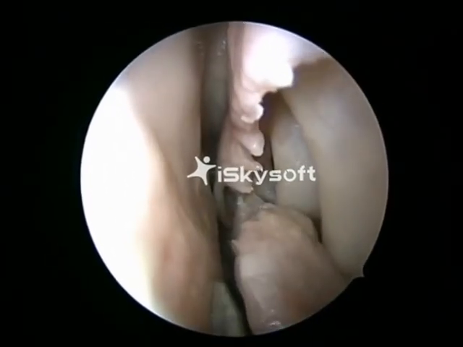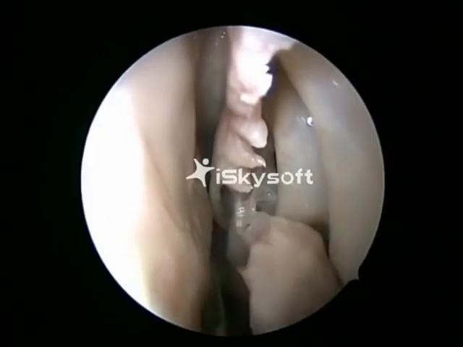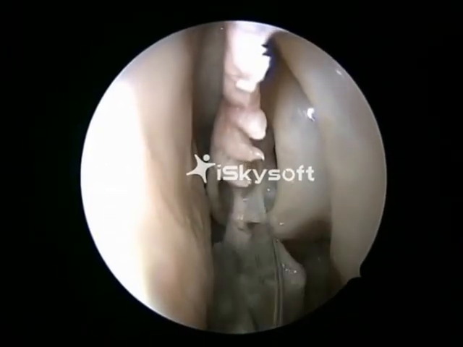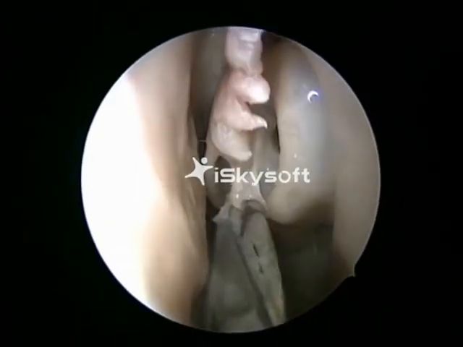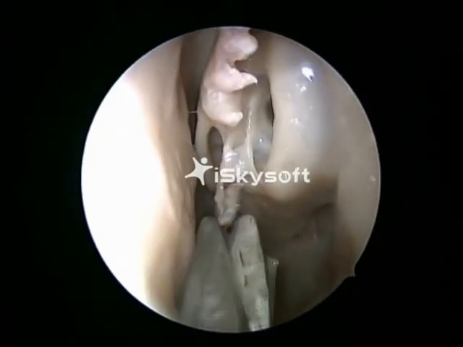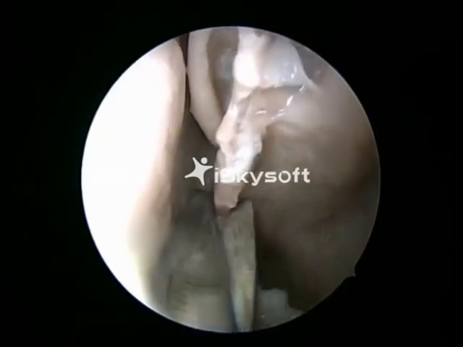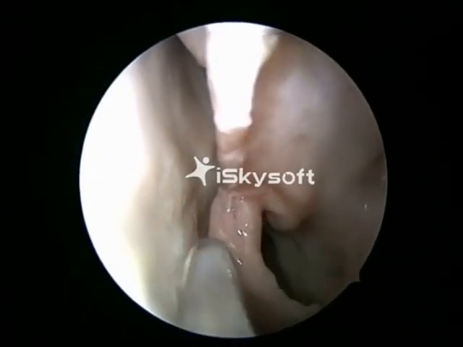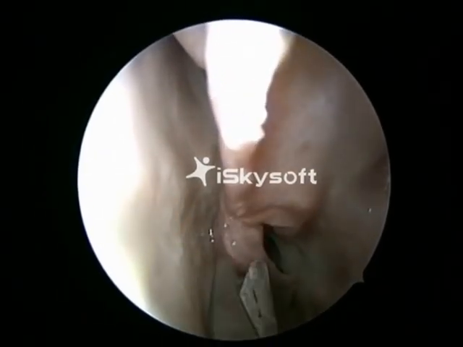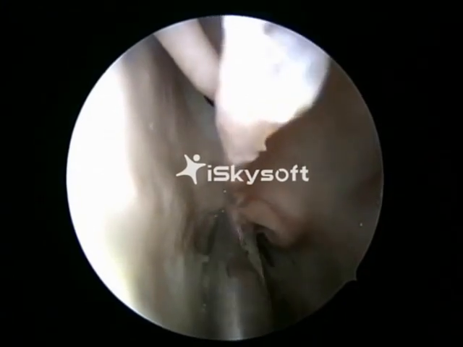Care is taken when we resect the posterior end of the middle turbinate not to injure the vascularity of the flap. The flap gains its vascularity from the posterior septal artery, and you can see now that we are incising the posterior end of the middle turbinate.